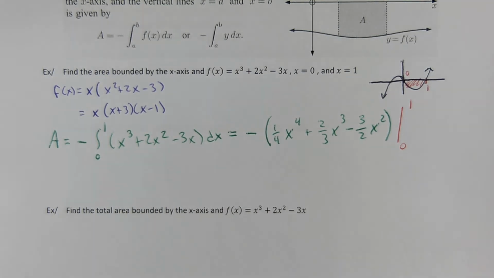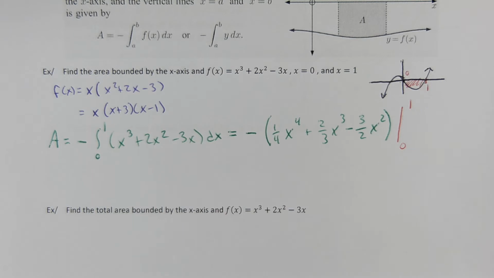How are you supposed to know if you're finding the area above or below? If they don't give you a picture, it's on you basically to sketch it. When it says total area enclosed, the implication is that there's a good chance that some of those areas are above while the others are below.